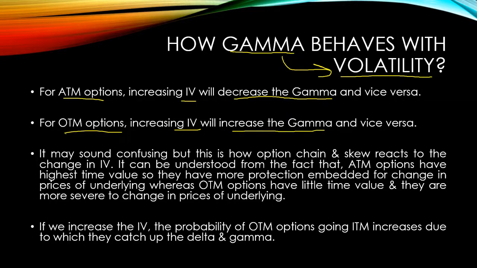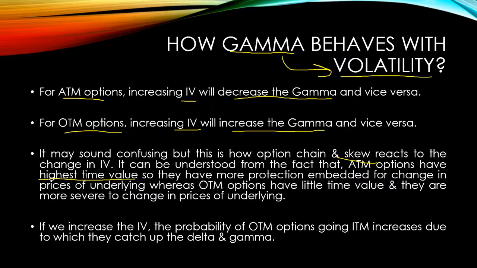So why is it so? As I have said, it might sound confusing, but this is how the option chain and skew react to the change in IV. It can be understood from the fact that ATM options have the highest time value. If you look at the option chain, you will note that the ATM options are the most traded options and they have the highest time value embedded in them.